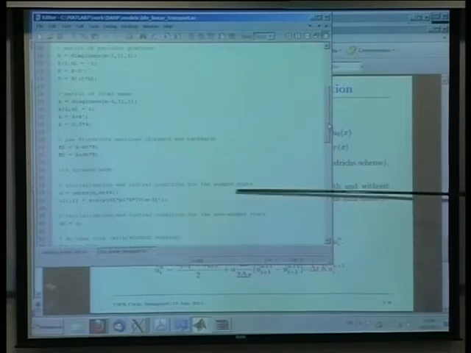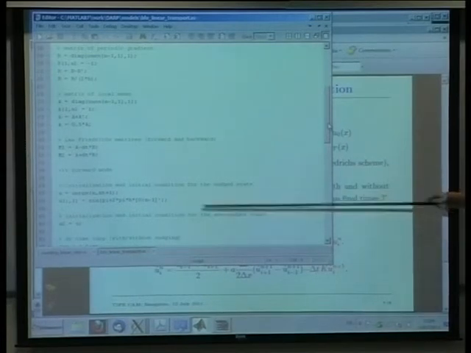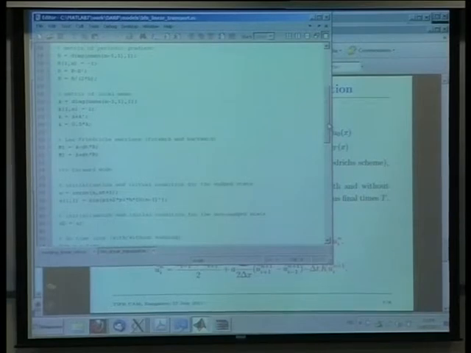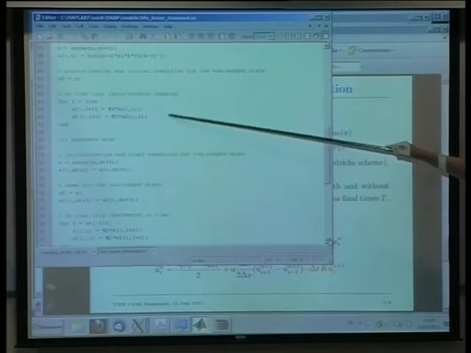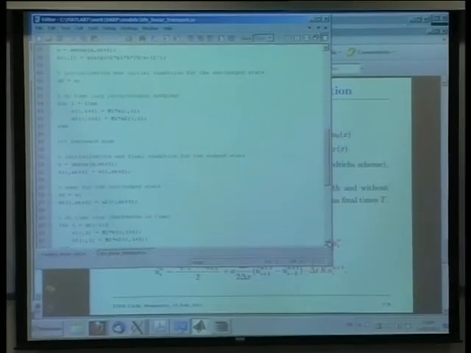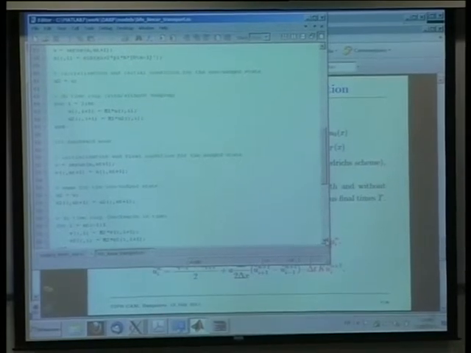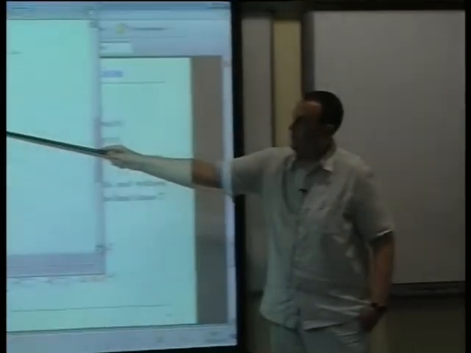You initialize with the sine function at time 0. I also initialize u2, the solution with nudging, but here there's no nudging. I solve the forward transport equation by simply applying this matrix.